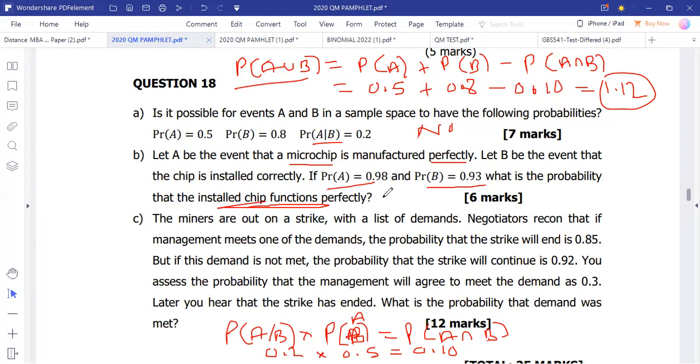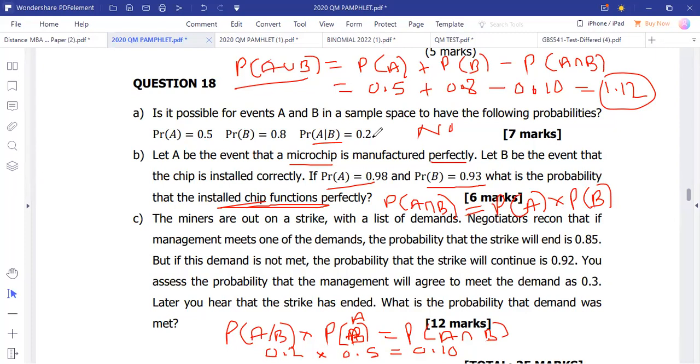They're simply asking for the intersection of A and B. So how do you find A intersection B? Simply multiply the probability of A and the probability of B. Excellent. When you get these two answers, you multiply them to get your final answer. We are not given anything else.